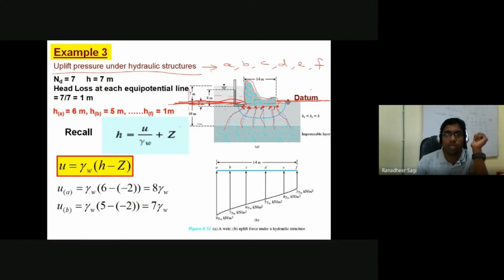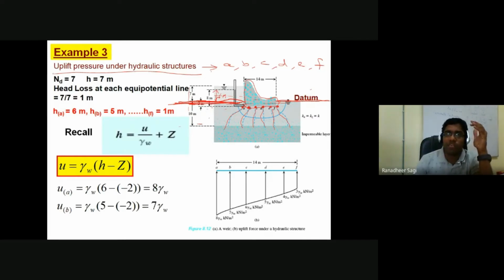Automatically the pressure head, if I try to calculate, what will be the rise in water level in the standpipe? This total was 8, and this portion was 2 meters. So from the remaining, this is going to be 6 meters. So the pressure head corresponding to the upstream is going to be 6 meters and elevation head was 0. So automatically the total head at that point lying on the first equipotential line is simply 6 meters.